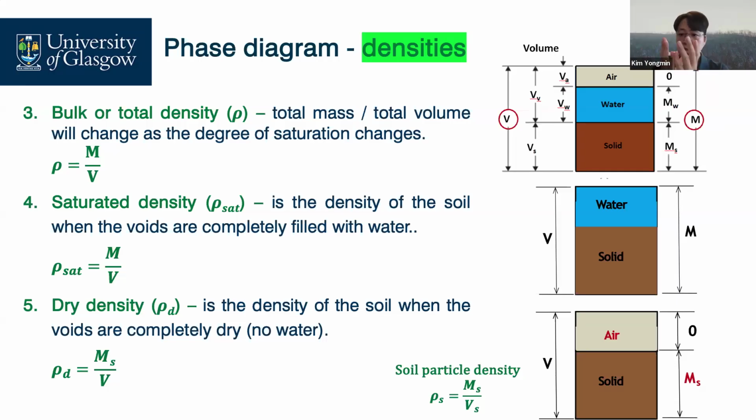You take soil samples. This is partially saturated. Yes, most of the natural soil in nature is partially saturated. So you can weigh total mass and total volume, and you will get total density.